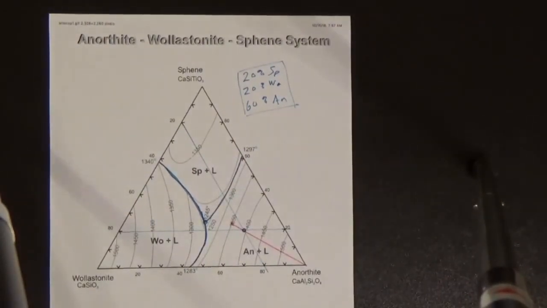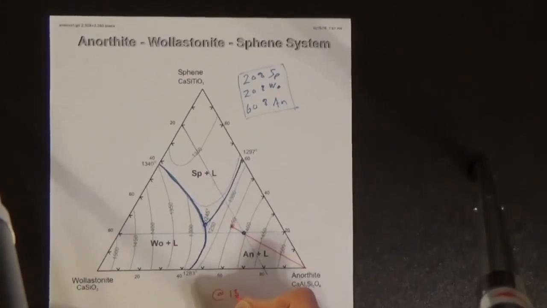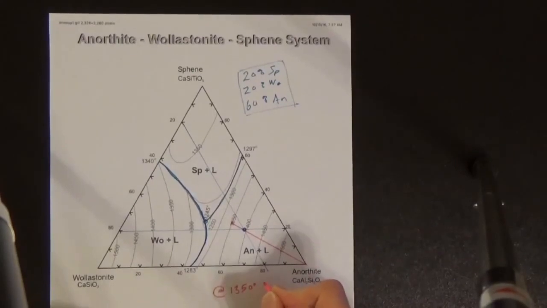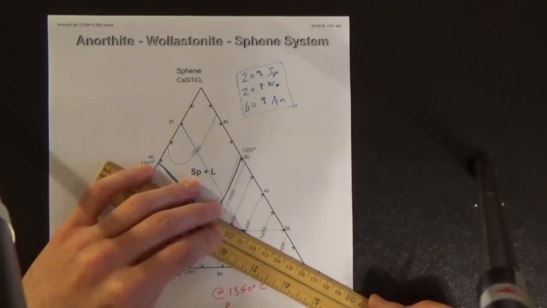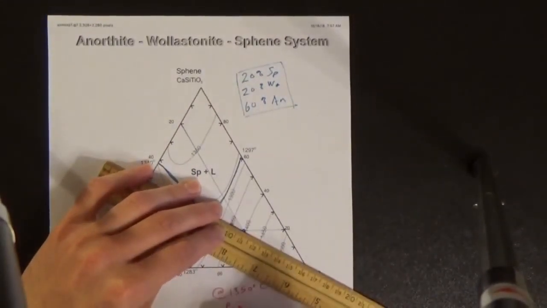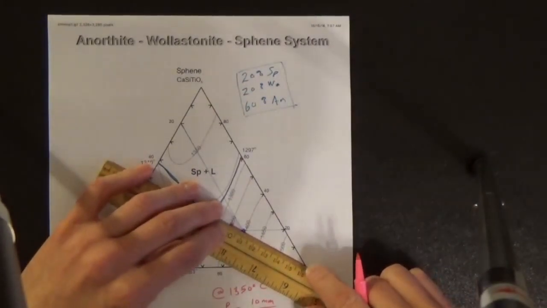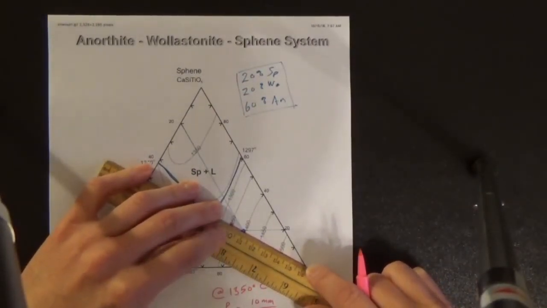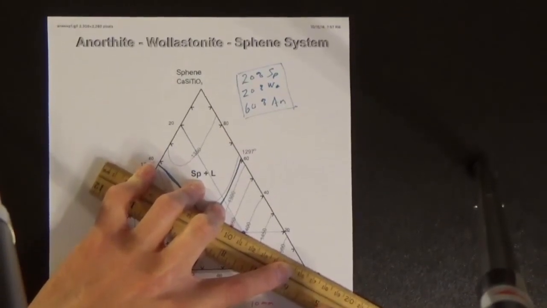So now, reading this, we want to say what fraction is solid, what fraction is liquid, and we say at 1350 degrees C, the fraction of solid is going to be equal to, that's about 10 millimeters divided by the total length of the tie line, which is 62 millimeters.